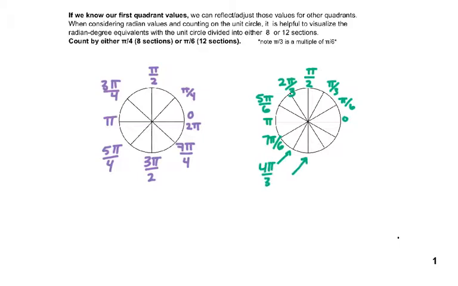Now I have 9 pi over 6, and 9 pi over 6 is 3/2, so I've got 3 pi over 2. 10 pi over 6, that's 5/3, so 5 pi over 3.